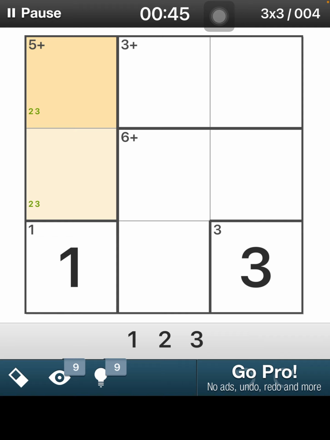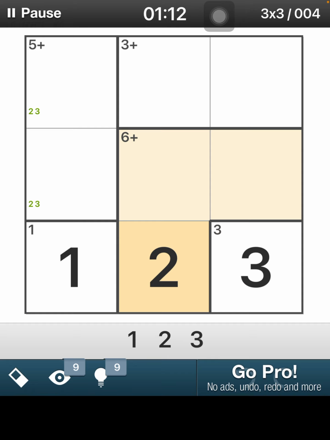So now, let's skip to this box. We know in this row, there's already 1 and a 3. So it's going to be 2. So that, again, we are going to skip.